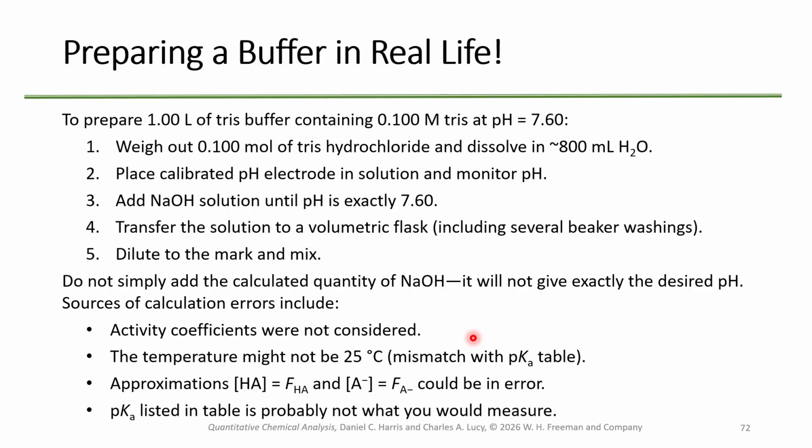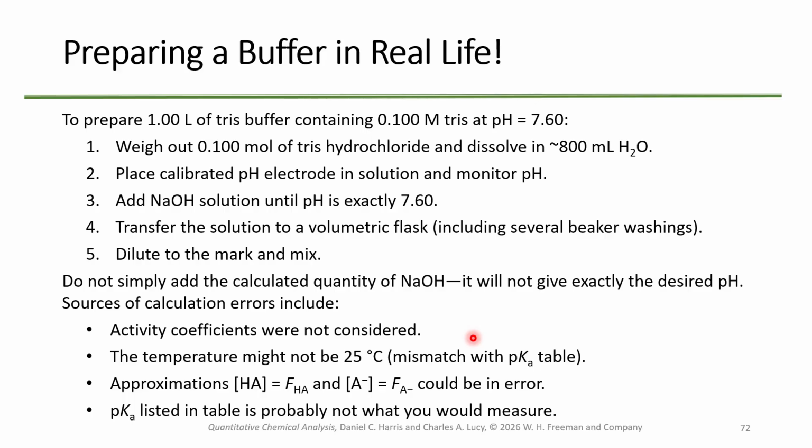This would be a mismatch to the pKa table, and thus you would have the wrong calculated numbers, right? And very likely, you're in a lab, it's not 25 degrees Celsius, is it? It's usually less in most of these labs. Sometimes it's way more, right? Approximations are being used. Remember, you're approximating the HA usually. You're approximating the A minus with those formal concentrations.